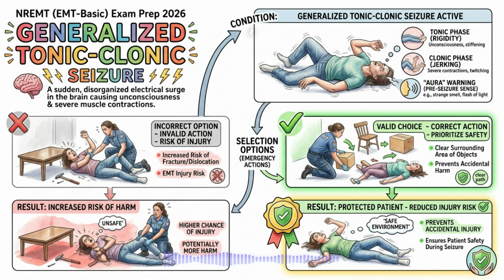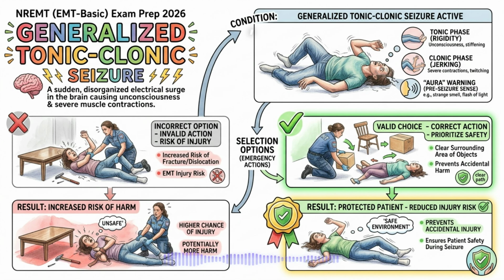Another common neurological emergency is a seizure, which is a sudden, disorganized surge of electrical activity in the brain. The most recognizable type is a generalized tonic-clonic seizure, where the patient loses consciousness and experiences severe, rhythmic muscle contractions across their entire body.